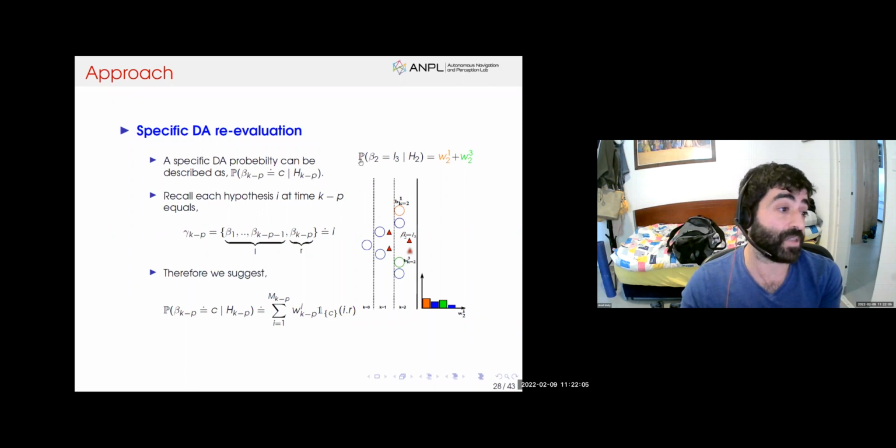For instance, in this example, we have four hypotheses which live at time k equals 2, but the green and the orange hypothesis are both generated from the same data association, which is landmark L3. Therefore, we suggest that the probability of this data association to be the correct one would be the summation of these two hypotheses noted here: the green and the orange weight.